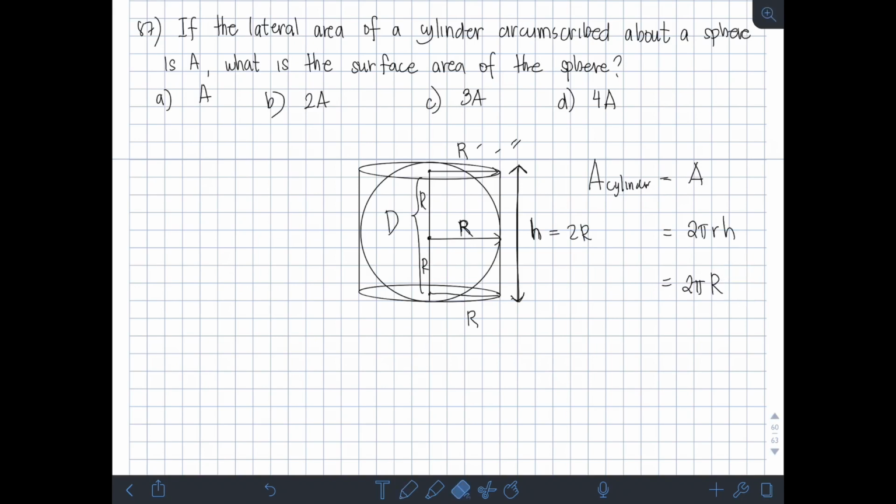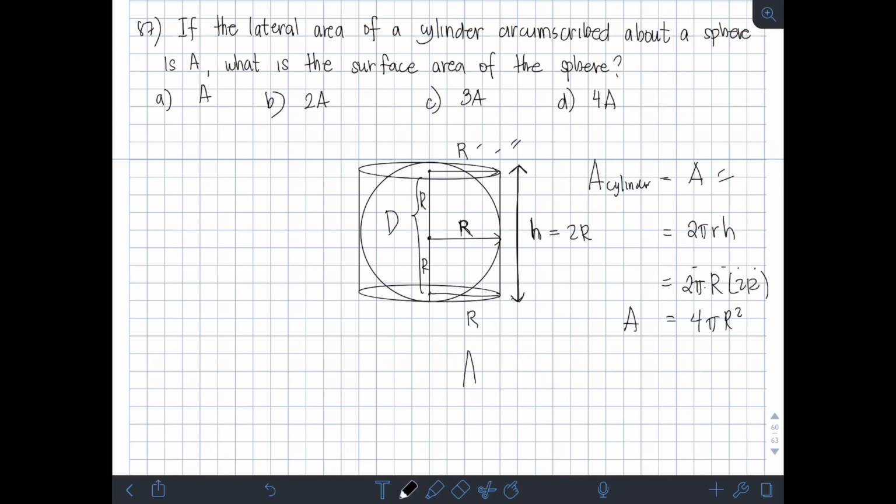So, pag pinalitan natin tong h ng 2R, magiging ang formula ng lateral area ng cylinder is 2 times 2, 4, then R times R squared, then pi. So, 4 pi R squared, right? So, equal to sa A, yung given. So, ang tanong is, ano yung surface area ng sphere?